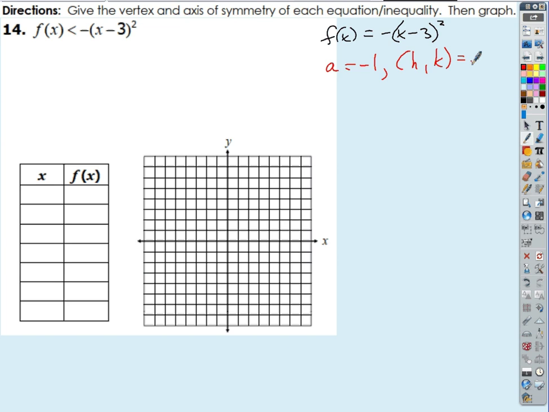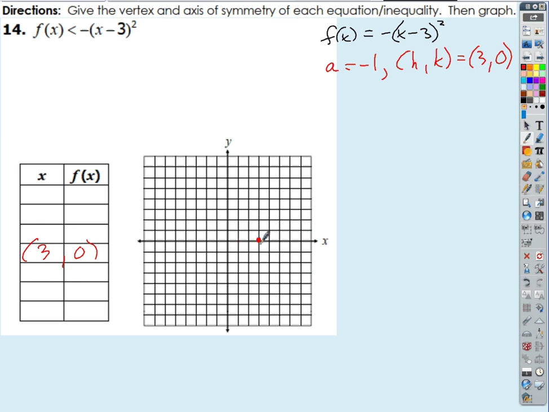Dylan, what's h? Right? Because that's the number being subtracted from x. Good. What about k? 0, right? Because there's nothing added to the end. Okay, so 3, 0, we can put that over here if we want to. That's our vertex. So we go over 3 and up 0.